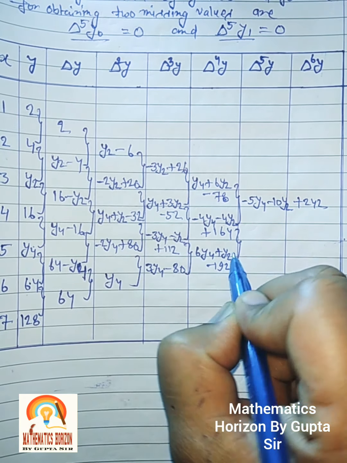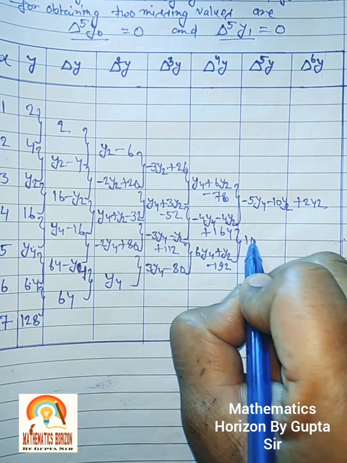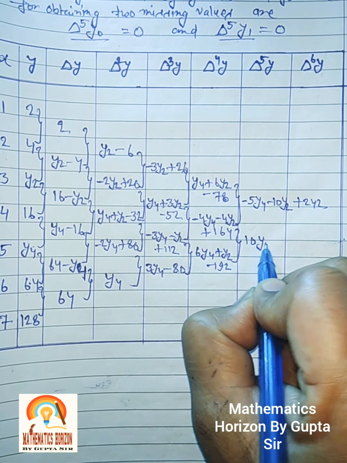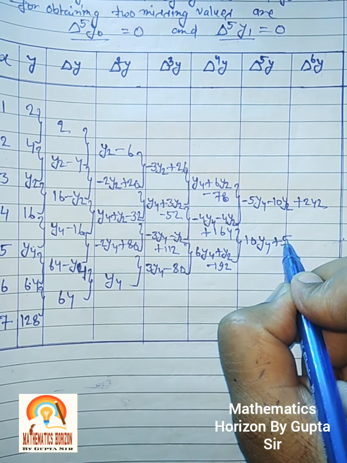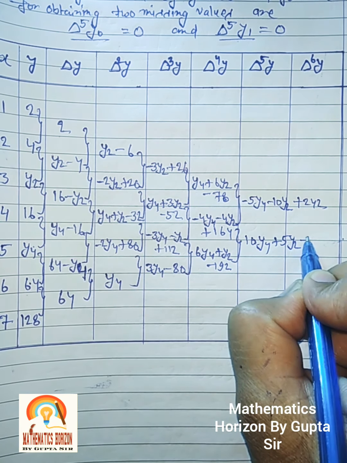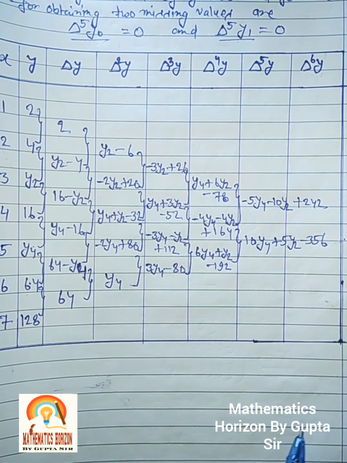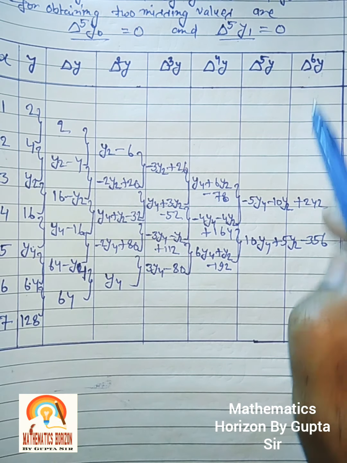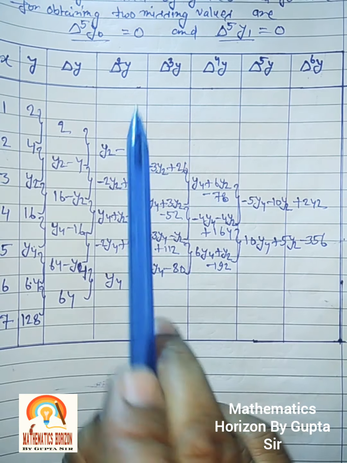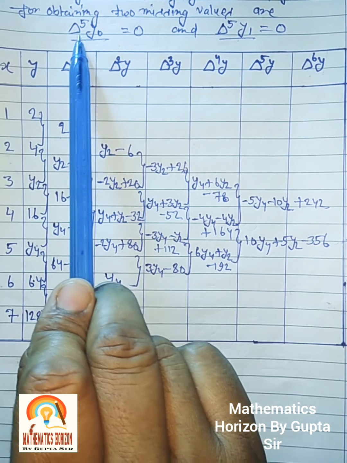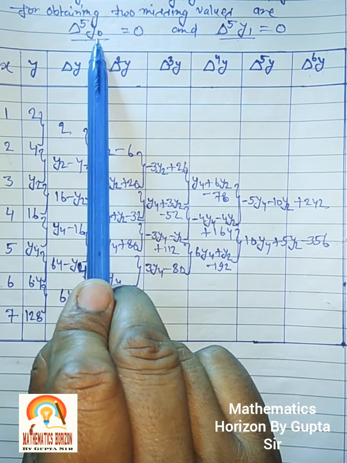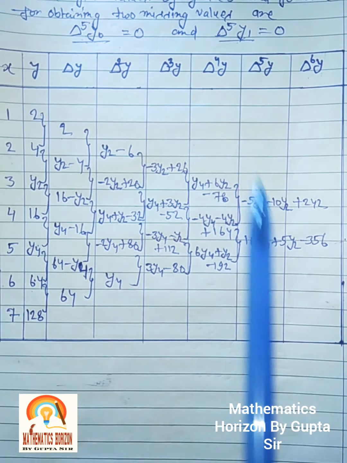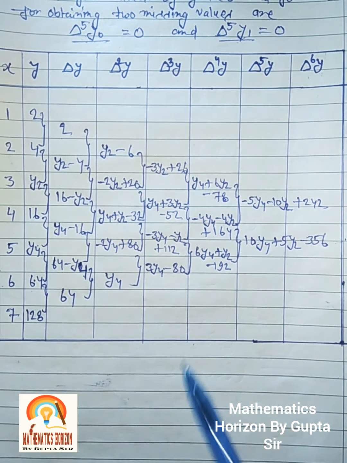And differences of these two will be 10y4, this minus this, 10y4 plus 5y2 minus 356. Here there is no need to find out del 6y0 because we have to put these two terms, fifth order differences del 5y0 and del 5y1, equal to 0.